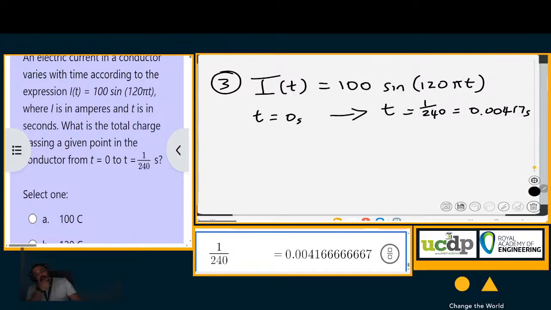Okay, so from 0 seconds to 0.004 seconds, so about a thousandth of a second later, there is not much time between 0 seconds and 0.00417 seconds. They want to know how much charge passes through a point in that time. You can actually work that out, the total amount of charge.